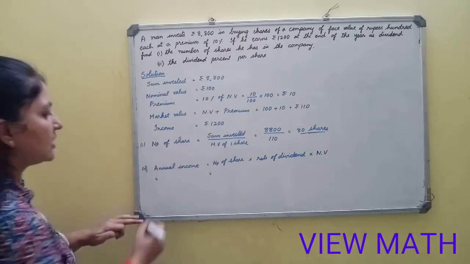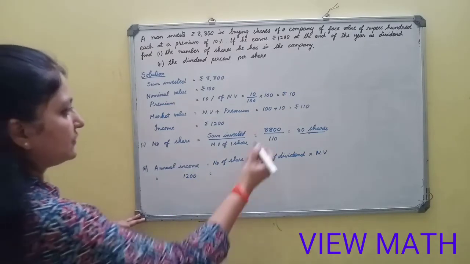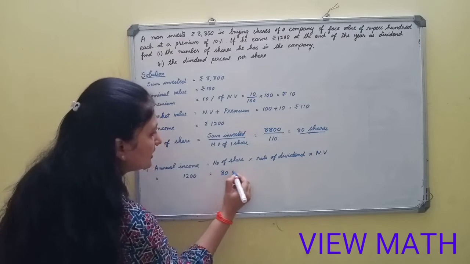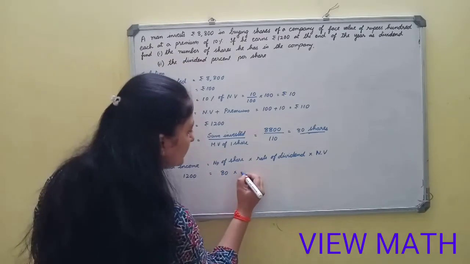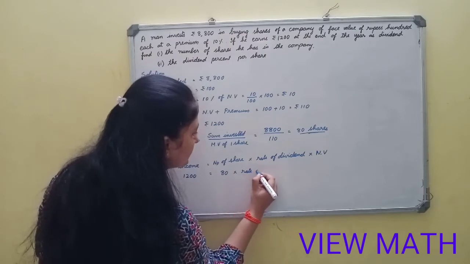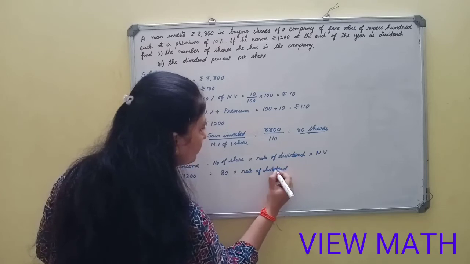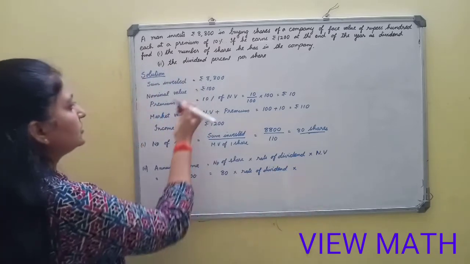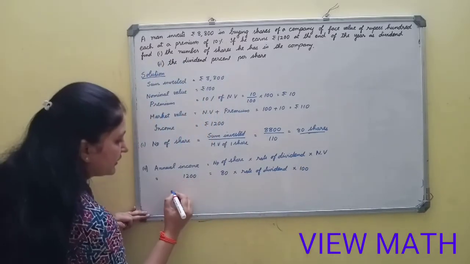Annual income is given in the question, 1200. Number of shares just now we found out is 80. Rate of dividend they are asking us to find out, into nominal value 100. So I have to find the rate of dividend.